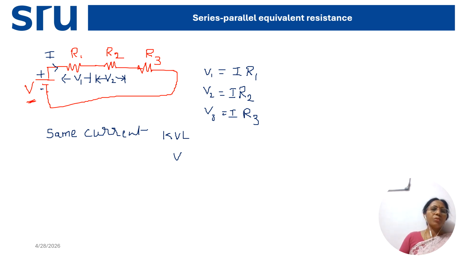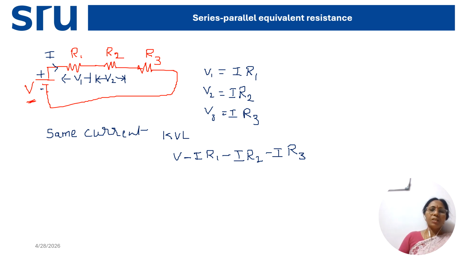So the drop across the resistance is taken as minus, and what is the voltage drop across R1? It is I into R1. The voltage drop across R2, we already discussed in the previous class while discussing KVL, is I into R2, and the next element is I into R3, the voltage across R3.